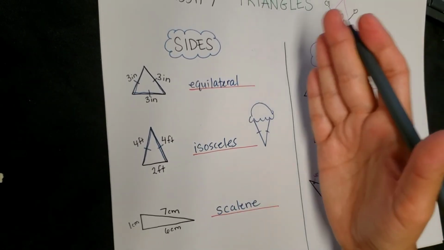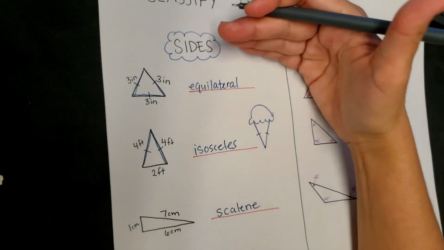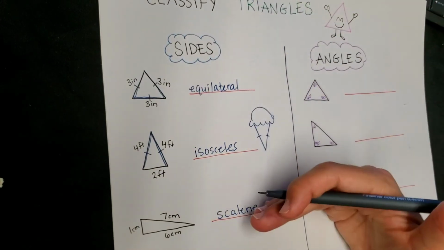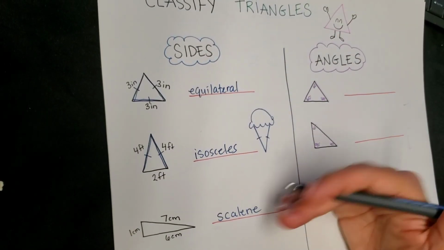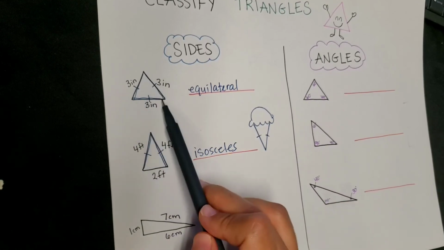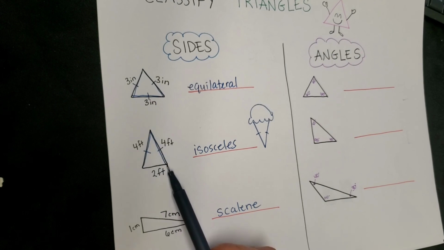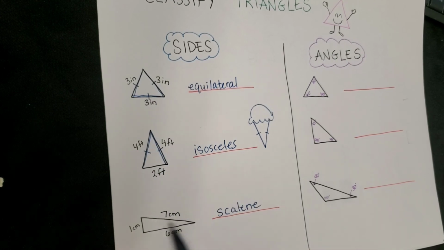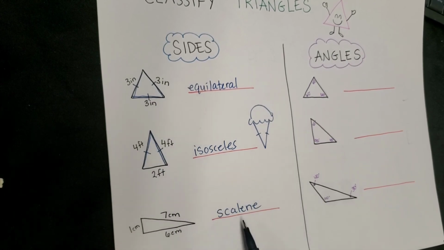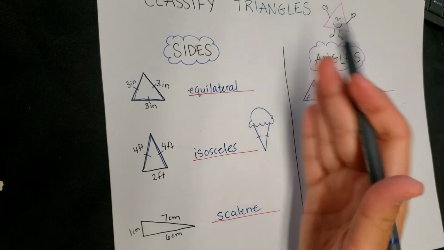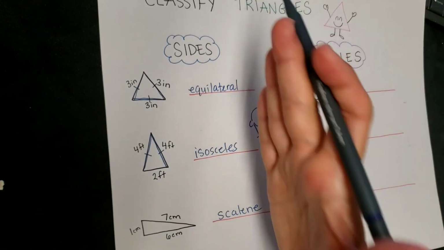So when we classify triangles based on only their sides, these are the 3 names that you're going to give it, one of those 3. If all sides are equivalent, equilateral. If only 2 sides are congruent or equivalent, isosceles. If none of the sides are equivalent, it's referred to as scalene.